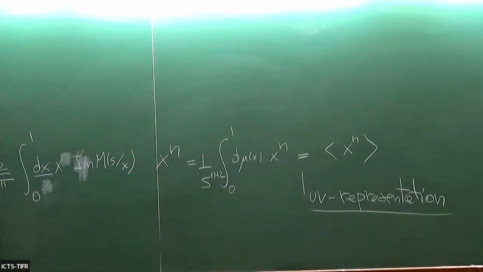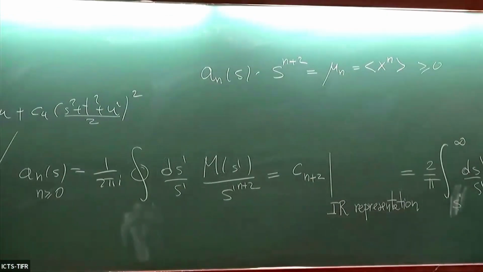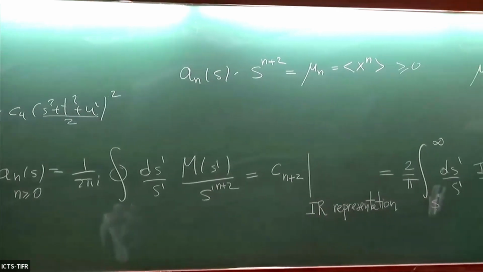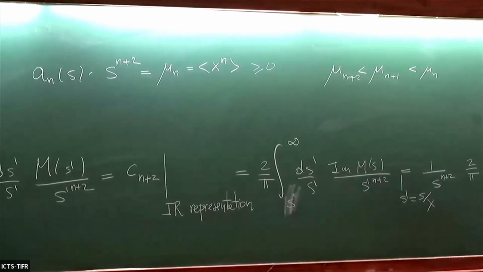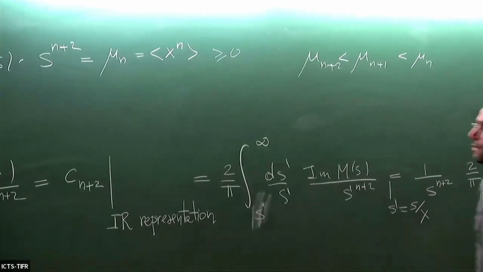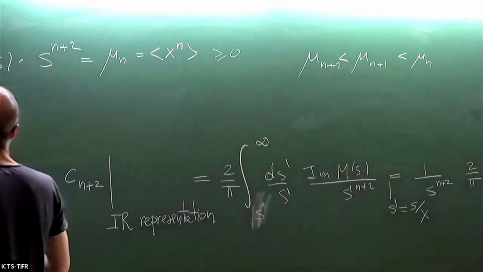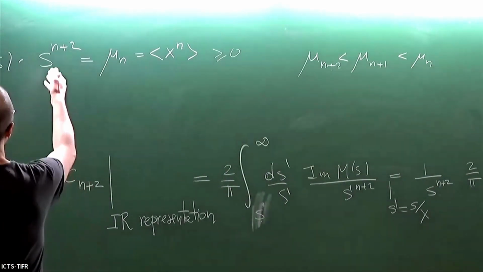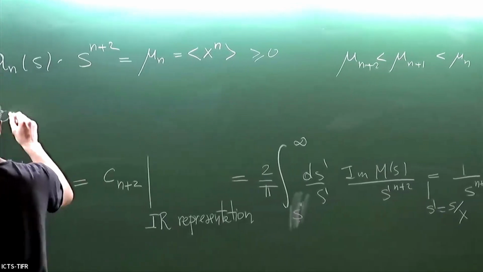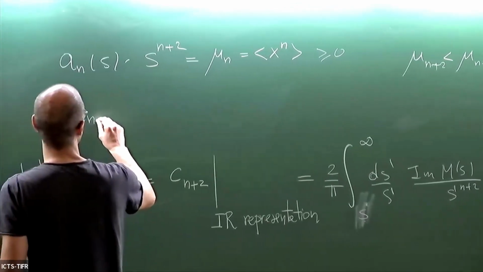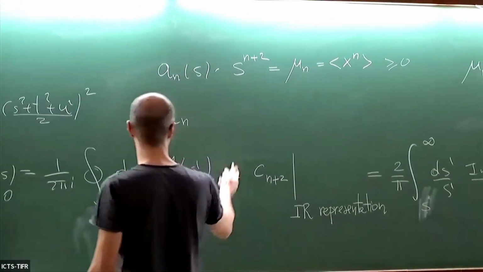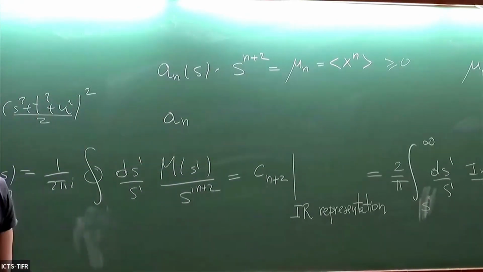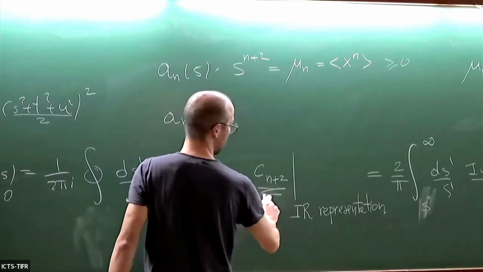So mu n plus 2 is going to be smaller than mu n plus 1, which is smaller than mu n, and so on. It's monotonically decreasing. Therefore, your arcs are monotonically decreasing, up to putting in the right units. So arc n, these are these guys here.